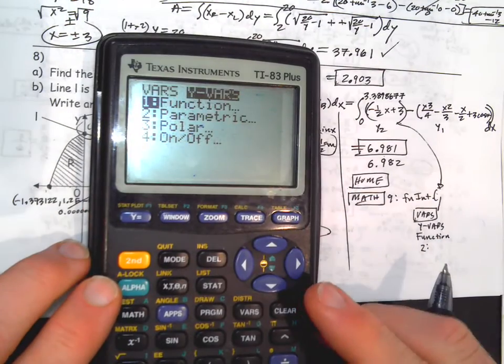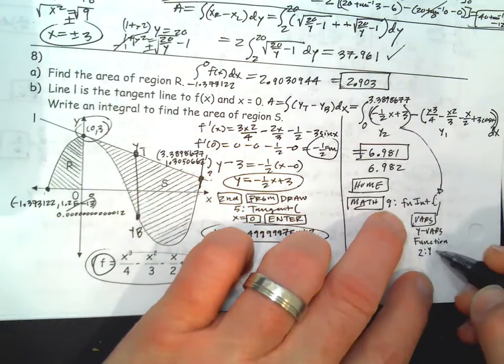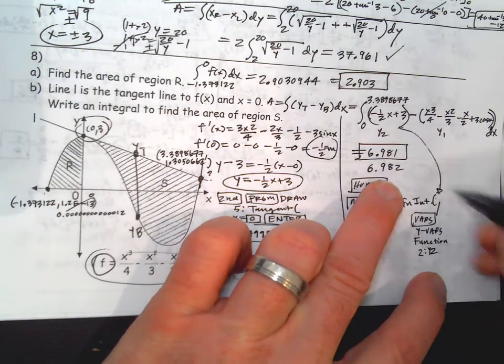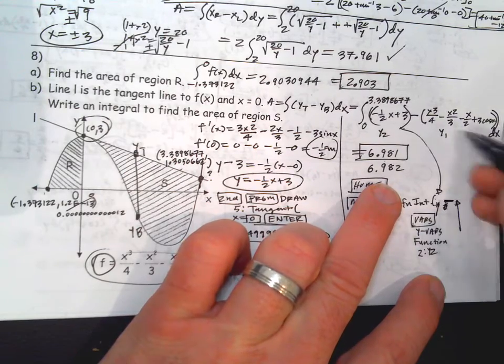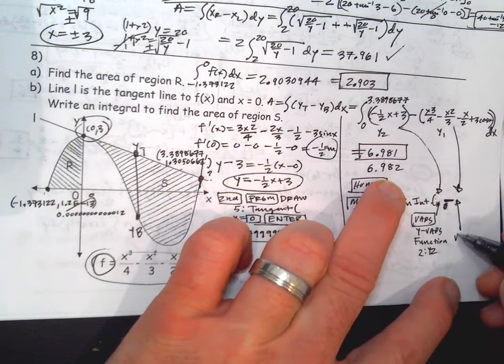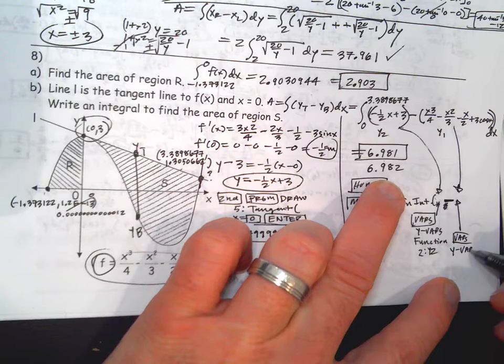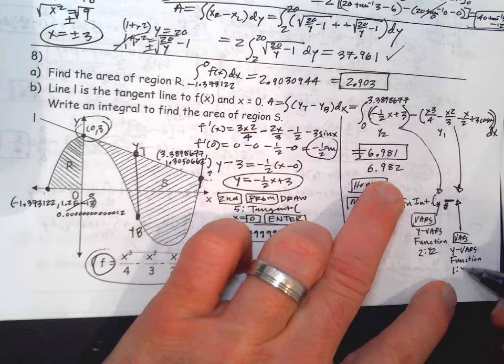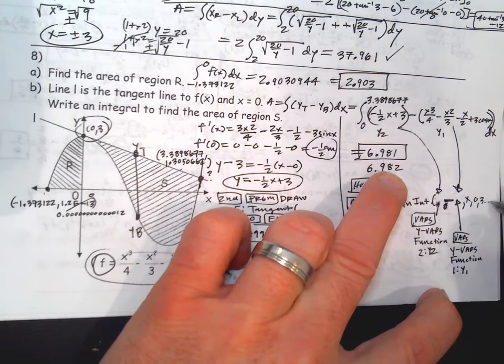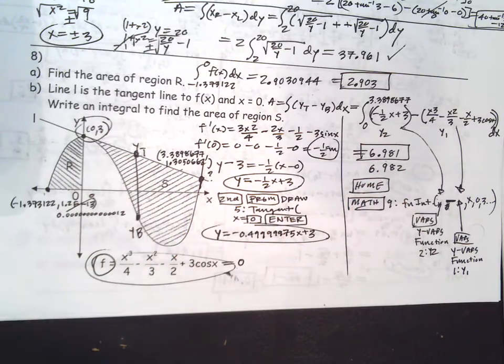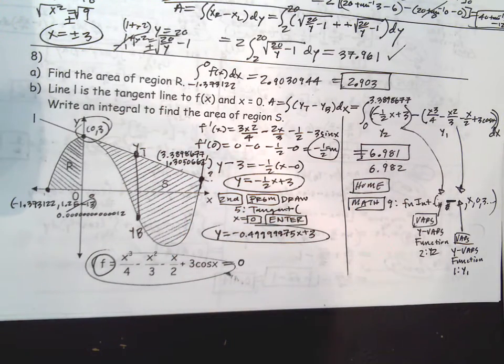Vars, y vars, function. Y2 is number 2. And then I did minus. And for the next one, this guy, I did vars, y vars, function, option number 1, y1. And then I said comma x, comma 0, comma 3 point, dot, dot, dot. So you got to know how to use your calculator to do things really quick and easier.